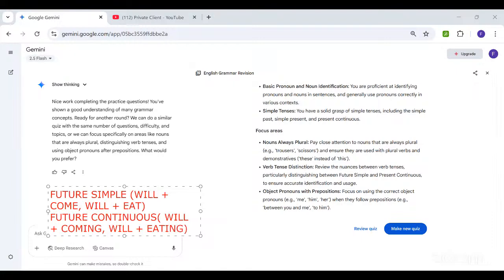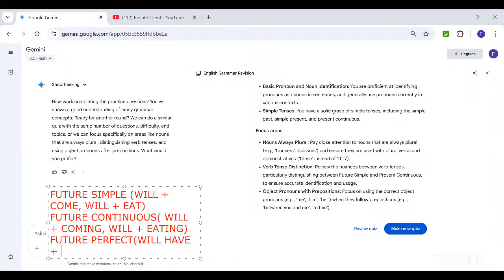Now, another type of future tense that we have is the future perfect tense. There are four of them. The future perfect tense. So this will still take will, but then it will become will have. Now, the verb will change to perfect.